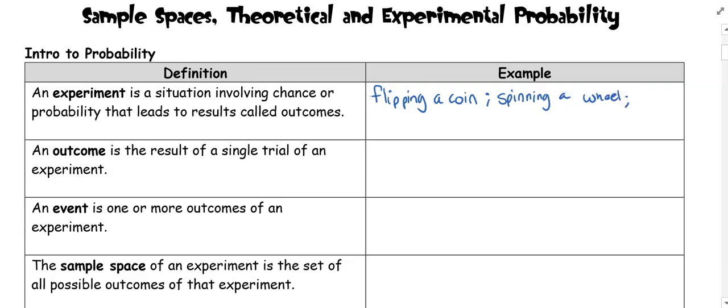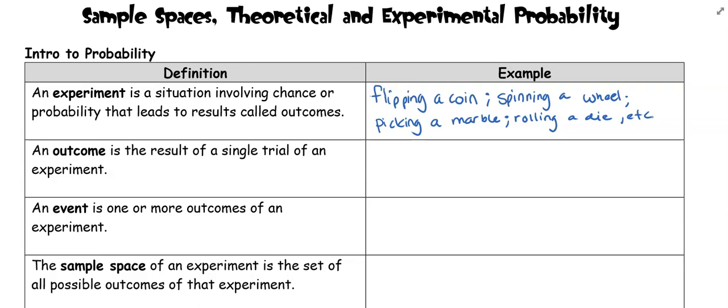It could be picking a marble out of a bag. Rolling a die. Those are a bunch of ones that we're going to do a lot, etc. So there are more options than just that. But an experiment is doing something: flipping that coin, spinning a wheel, picking a marble out of a bag, rolling a die.